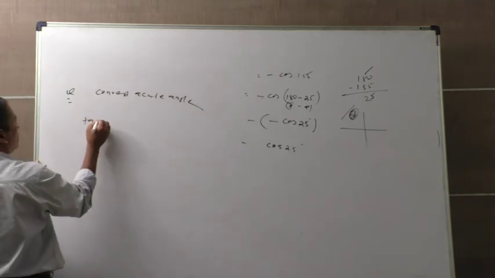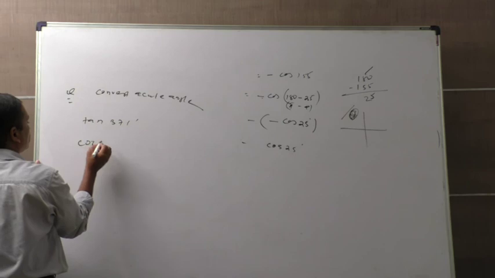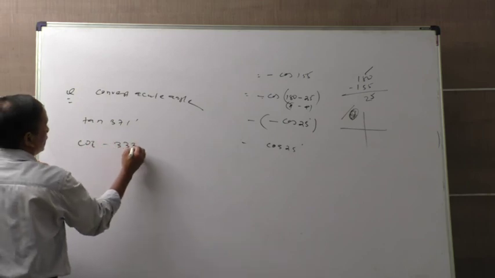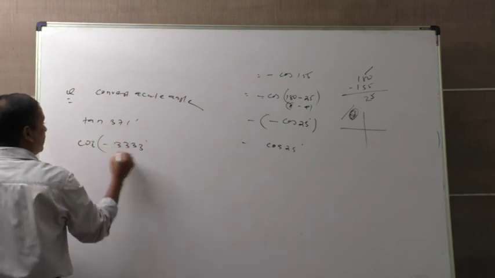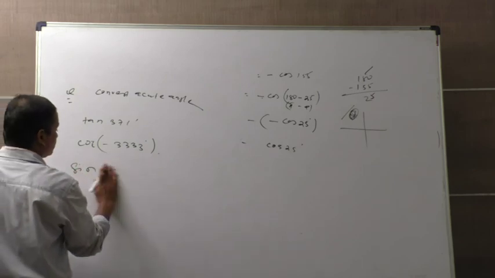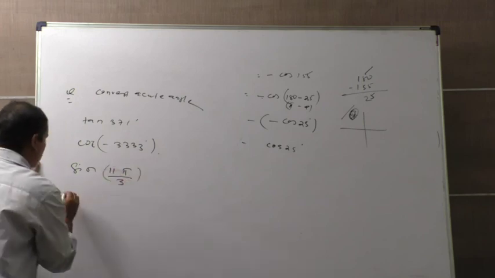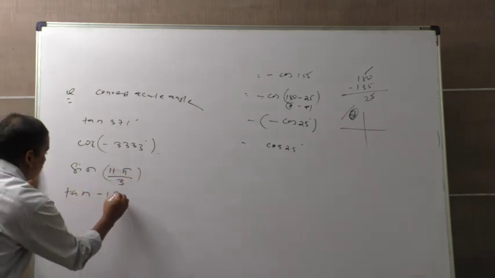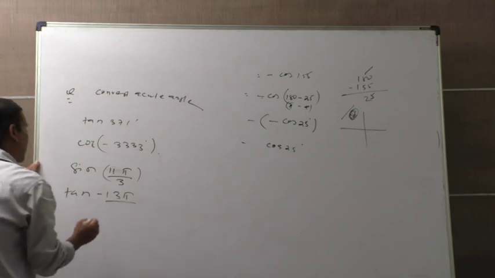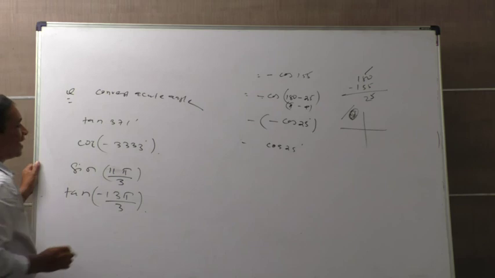Tan 371, cot minus 3 degrees, sin 11 pi plus 3, tan minus 13 pi by 3. Convert these to acute angles.